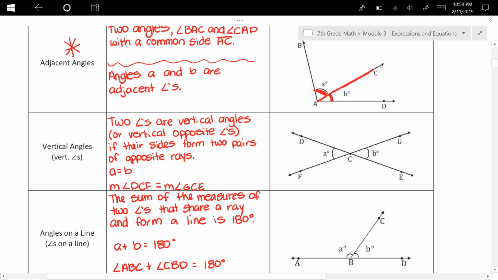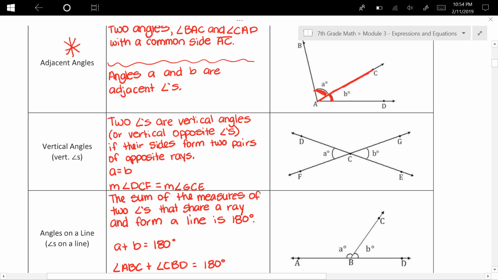Vertical angles is always something good to know, not just for 6th grade, but for 7th grade, 8th grade, and into geometry as well. So basically, when two angles are vertical opposite of each other, they end up forming two pairs of opposite rays.